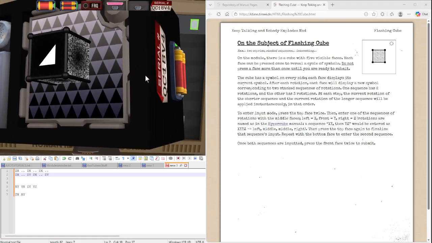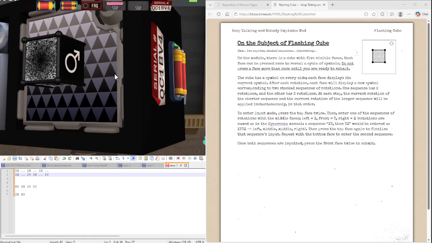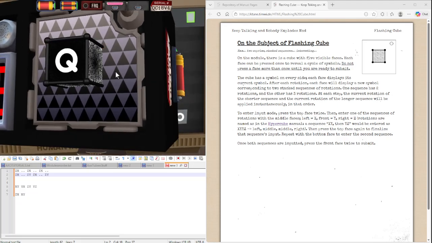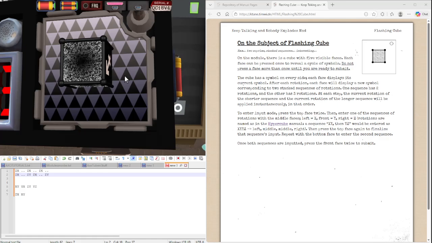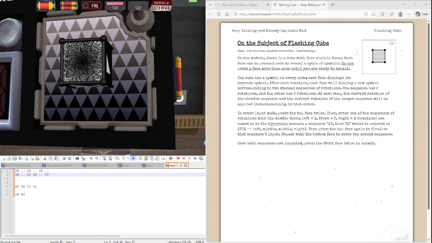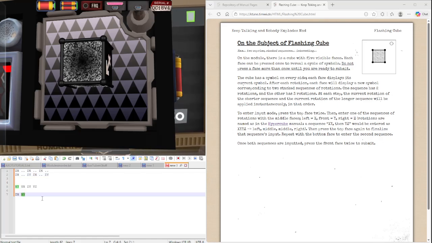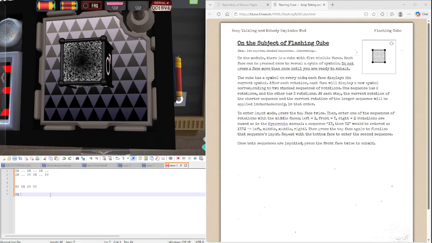No. Okay, there we go. So B, then make sure. Yeah. That is clockwise again. So you do ZX again.